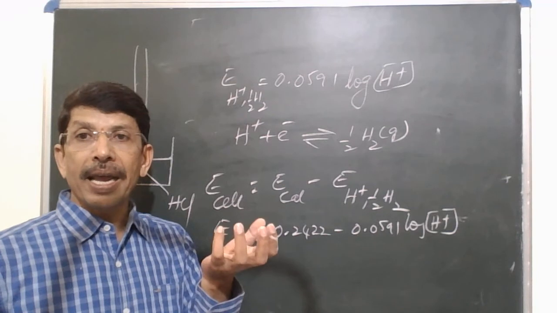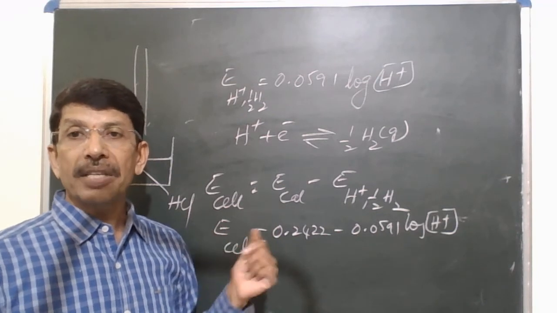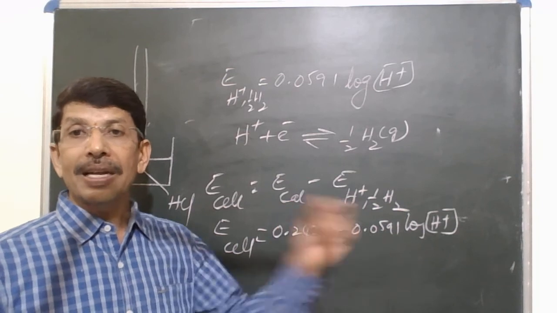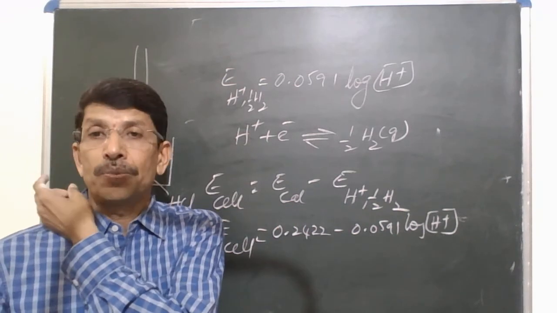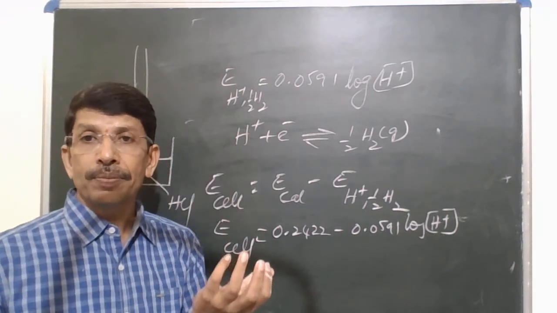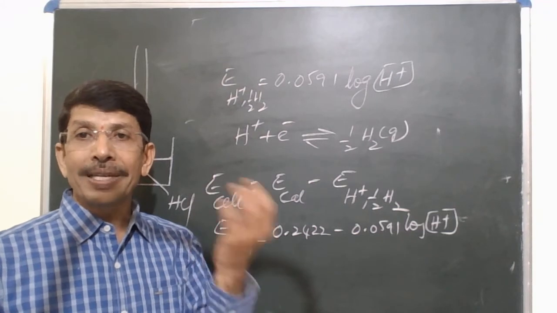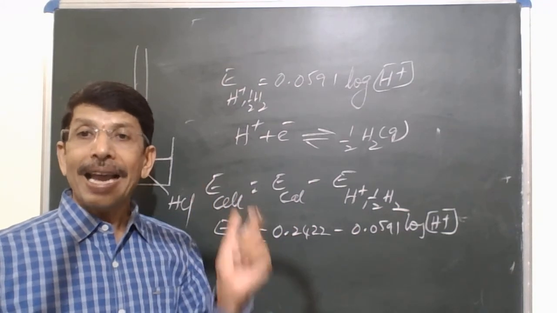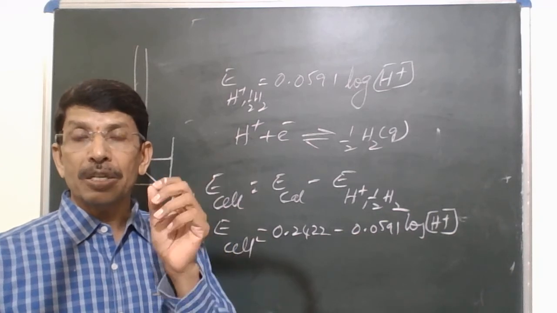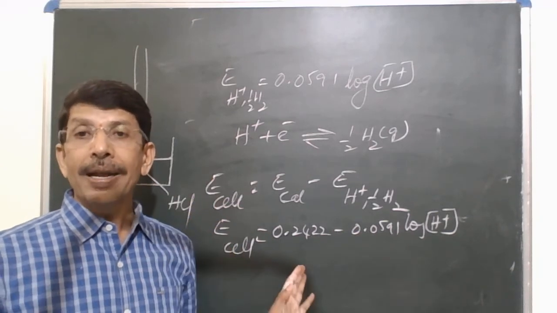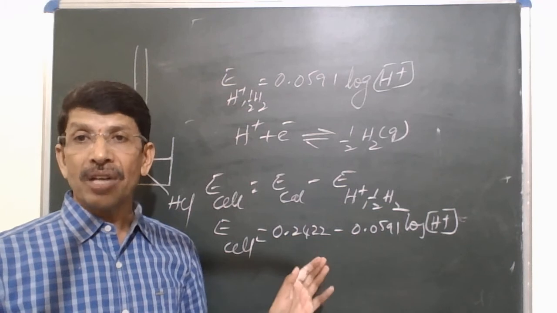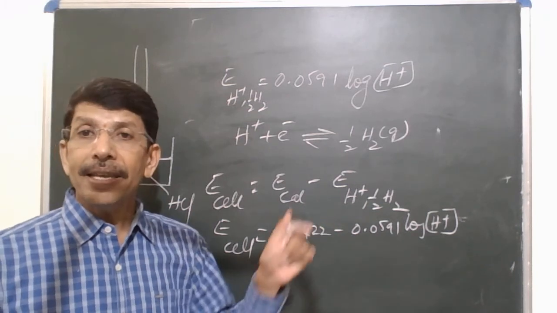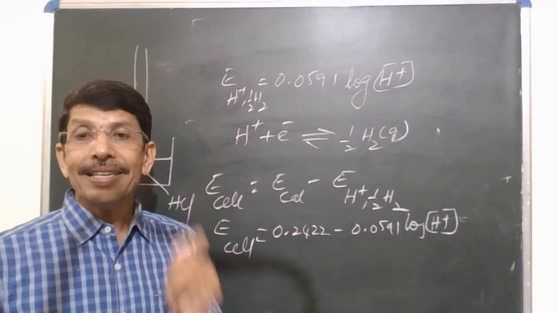Even when we combine glass electrode with calomel electrode, the same calomel electrode acts as cathode, and your glass electrode acts as anode. So what I want to say is that whenever we use glass electrode, calomel electrode cell, or hydrogen gas electrode, calomel electrode cell for acid-base titration like HCl against NaOH, in this case EMF goes on increasing.